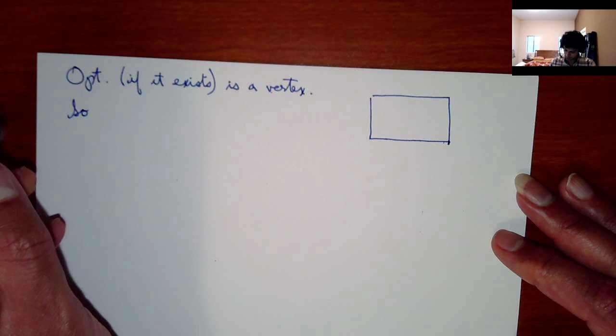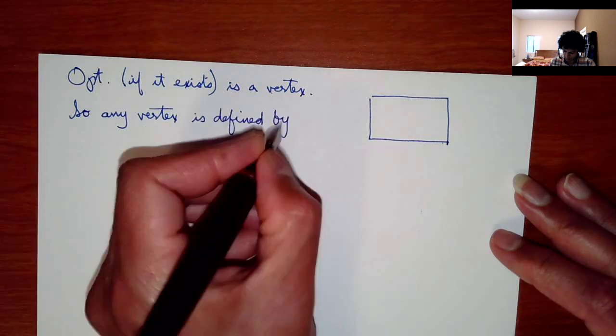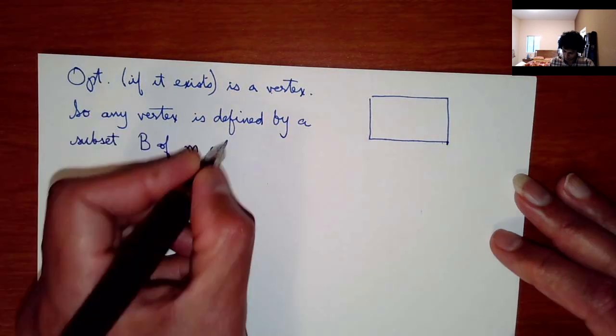So any vertex is defined by a subset B of m columns, and that's what we need to find.